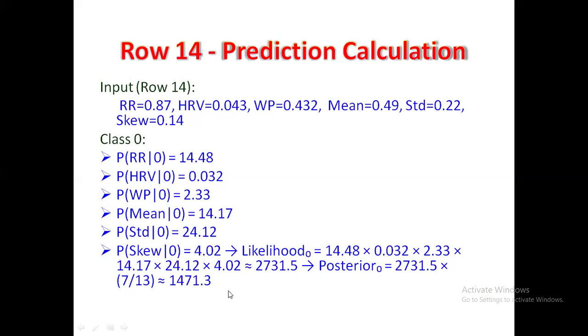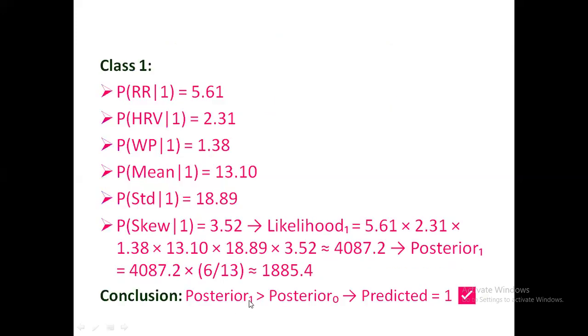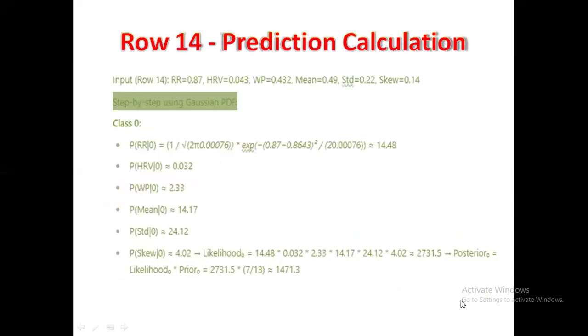Which one is higher? Whichever value is giving the highest value, that we are going to take into account. The value will be compared to the posterior for class 1 to determine the predicted value. In this case, the predicted value is 1.